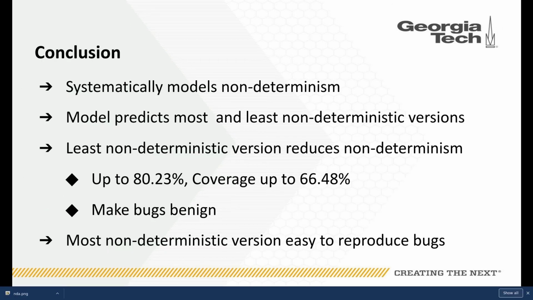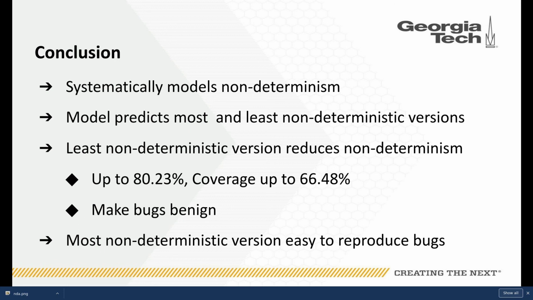To summarize, we developed a systematic methodology for quantifying and modeling non-determinism and showed how we can use the model to predict most and least non-deterministic optimization levels. The most non-deterministic version with increased permutations can easily help developers reproduce bugs.